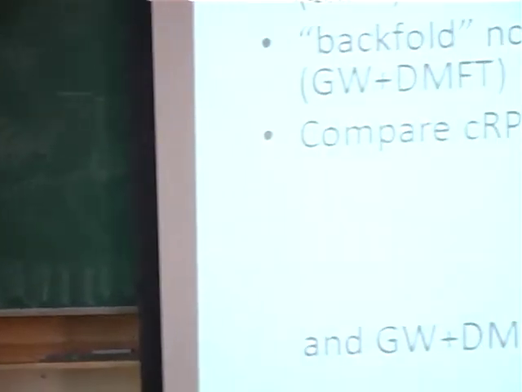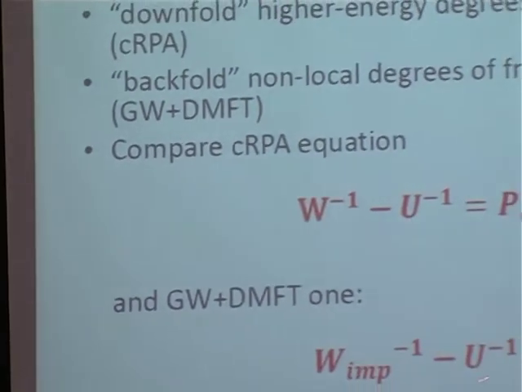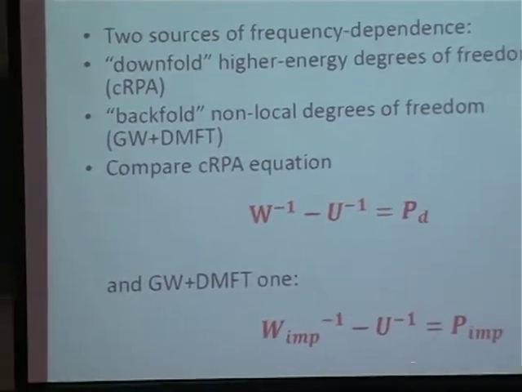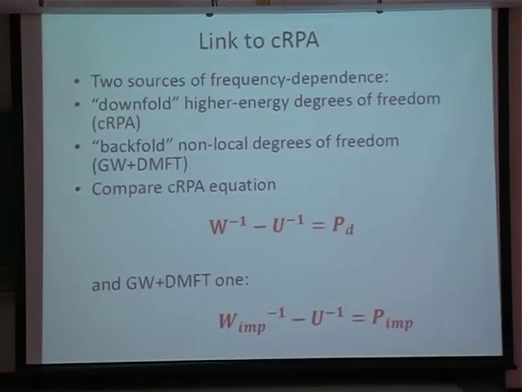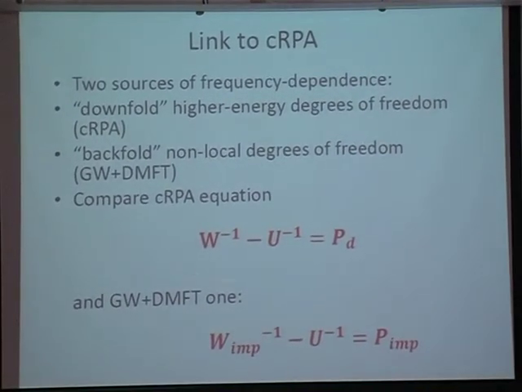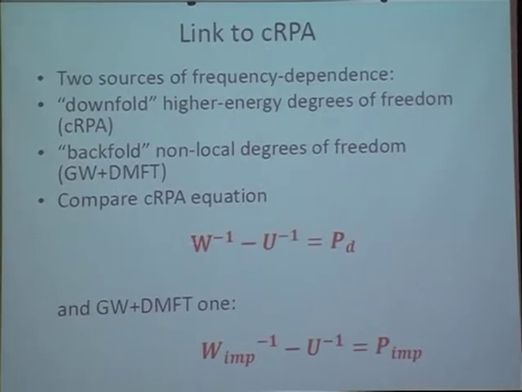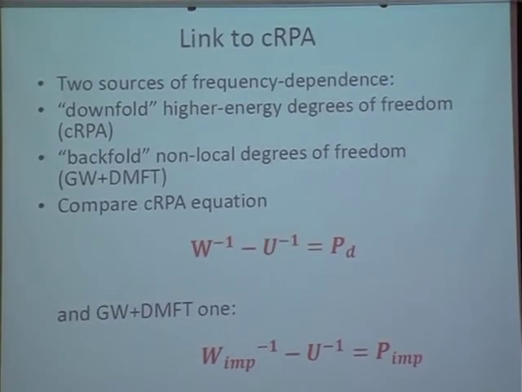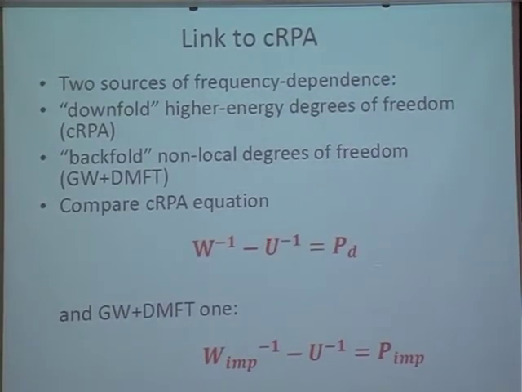So I want to reproduce W impurity from some effective bare interaction to be put in this local model by screening it only by this thing. That's analogous to that equation where you said, okay, I want to have the W, and I want to have that from some effective U, which is screened only by low energy degrees of freedom. It's just the question of which degrees of freedom we cut out.